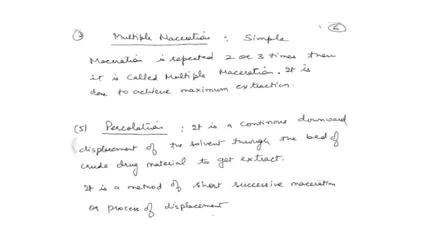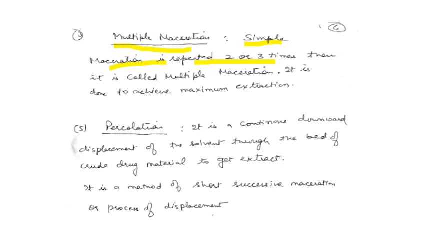So the next maceration is the multiple maceration. In this maceration, we perform a simple maceration process and keep repeating the process 2 or 3 times, and it can be more than 3.